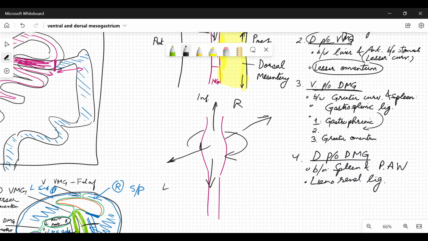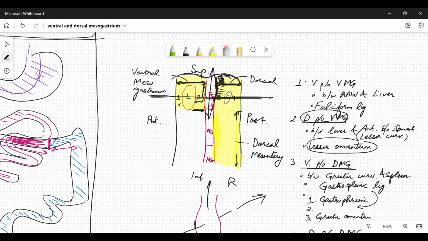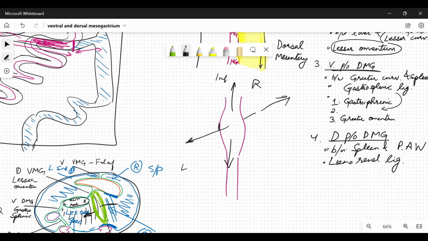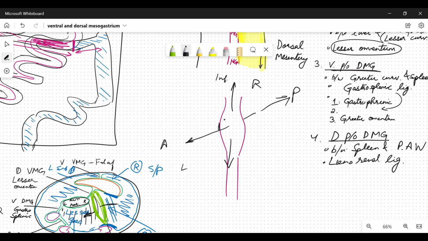Okay, let me just complete these things. Right, now if this is... I have rotated this diagram slightly, and if we consider this to be the anterior aspect of the body and this to be the posterior aspect of the body, another rotation that is going to happen will be in this direction, right?